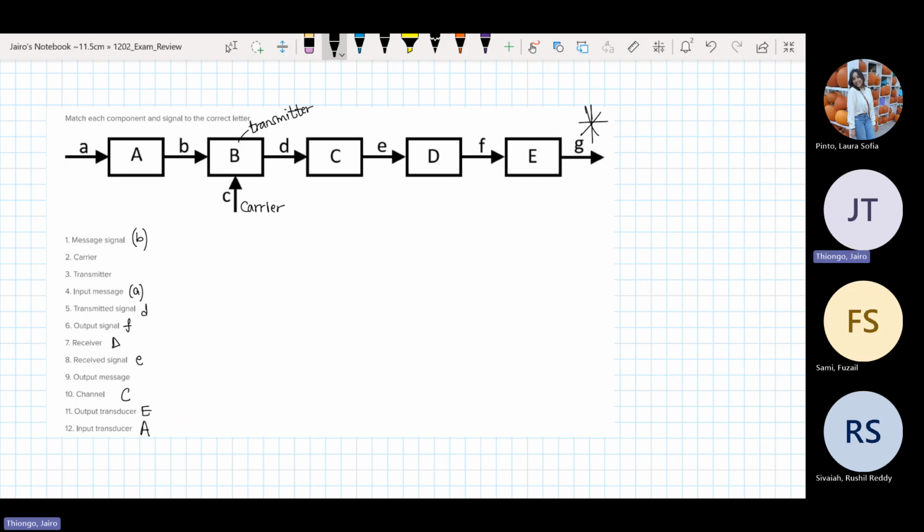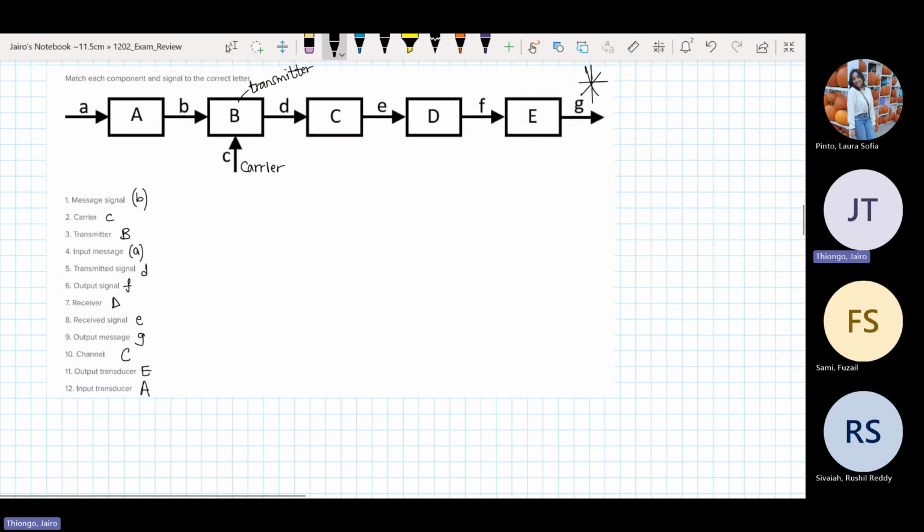And then finally, we have G, the output message. So this one was uppercase B, this one was lowercase c. Okay, so that can be a bit tricky. So this one was G.